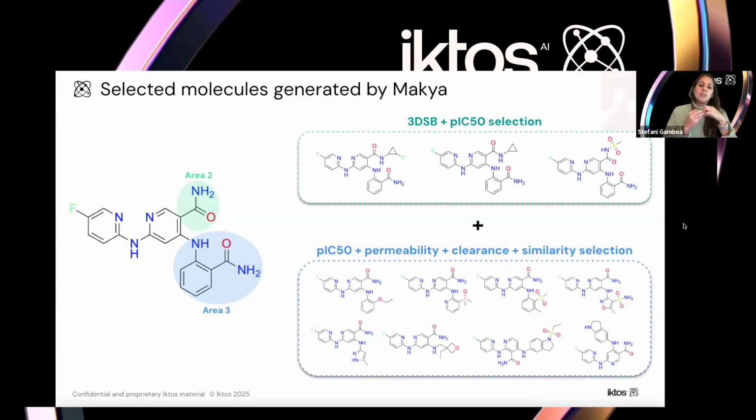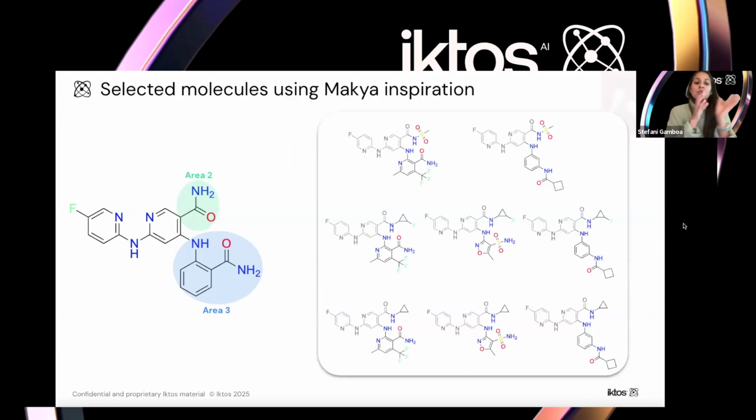However, together, this gives us two complementary sets, one driven by structural information and the other one driven by potency and ADME balance. So these molecules here are examples inspired by the trend that we observed in the previous generator. They reflect the type of modifications that frequently came up as promising while we were generating in area 2 and 3.